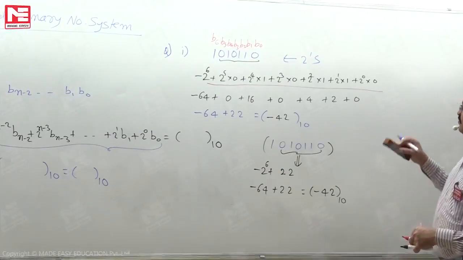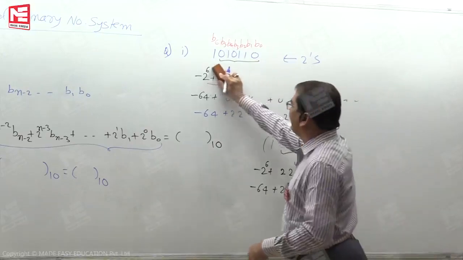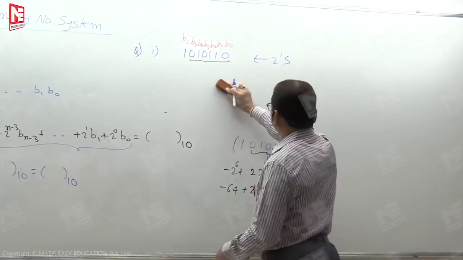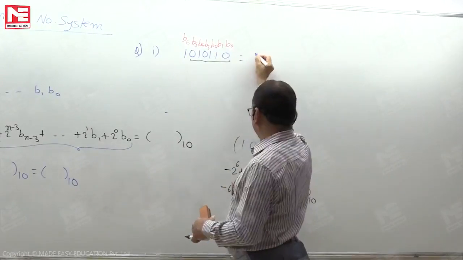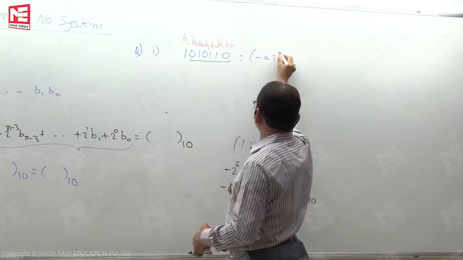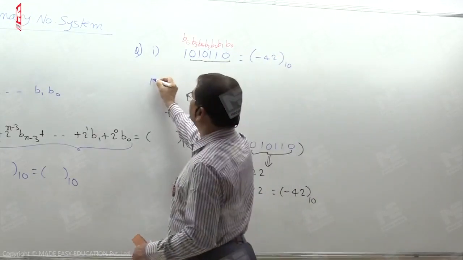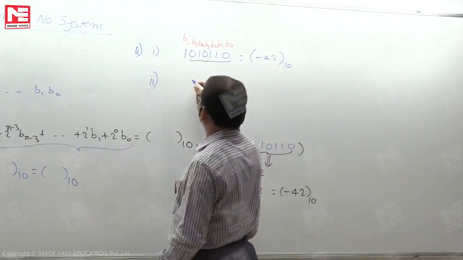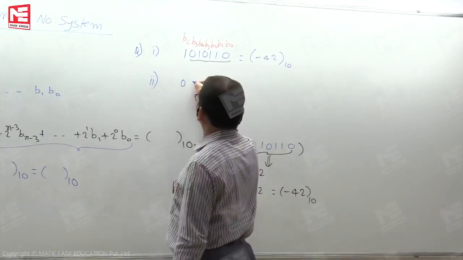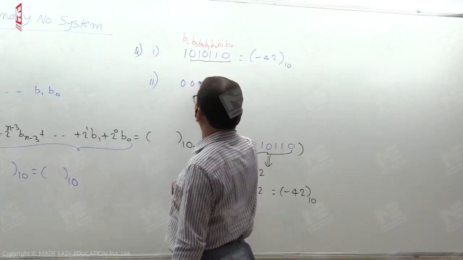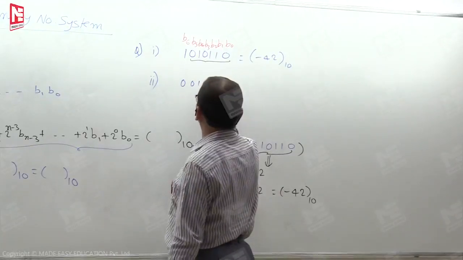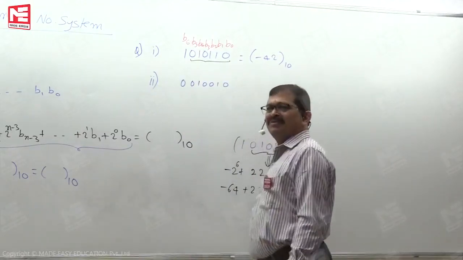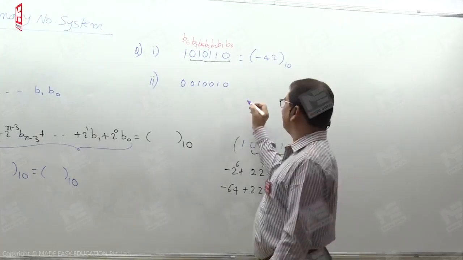So this is minus 42. Suppose we are looking here at the question, assuming the given number is a positive number. Same rule, same procedure.